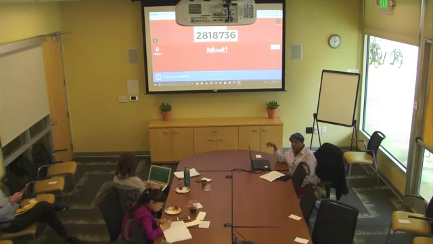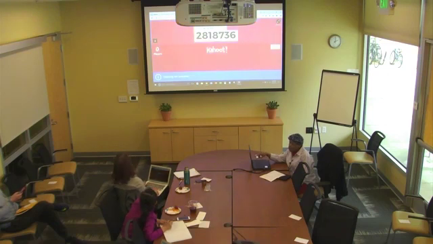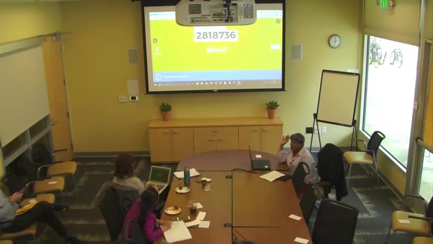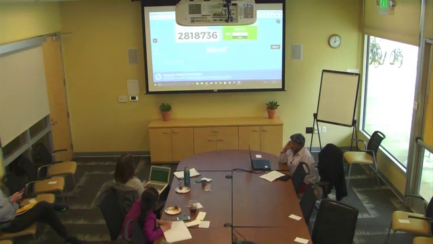Once you get to Kahoot, it's going to ask you to join with the game pin, and your pin, of course, is going to be 2818736. Once you do that, put in the nickname. I can't do anything until I see some players, so I'm going to give you a few seconds to get there.